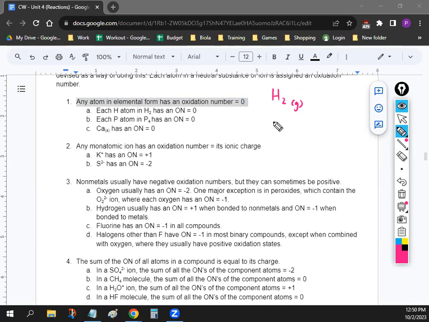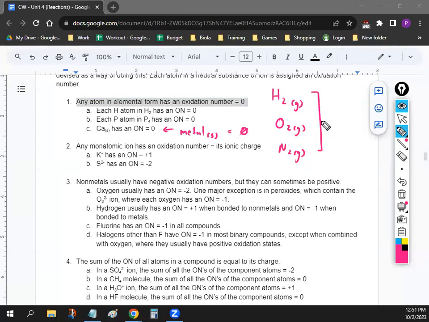If you have any metal and it is a solid, that is also going to have an oxidation number of 0. Make sure you jot that down somewhere: solid metals have an oxidation number of 0. H2, O2, N2 are the most common diatomic gases you'll look at.